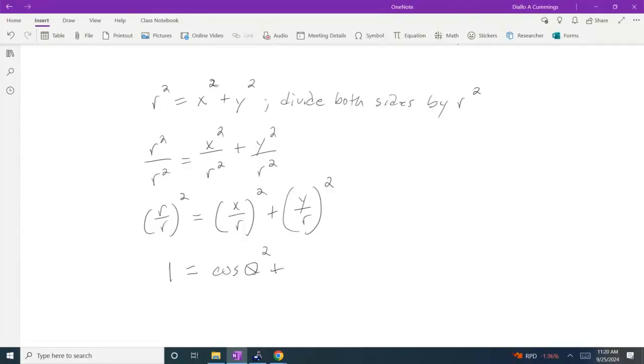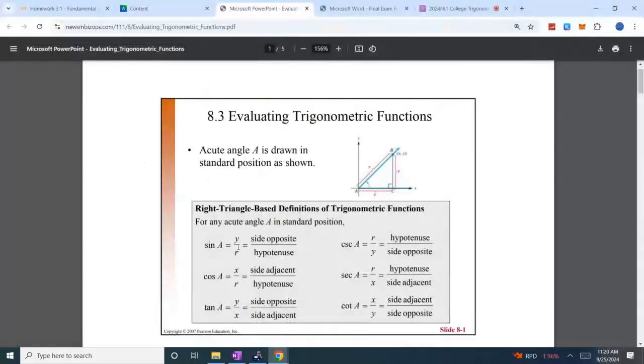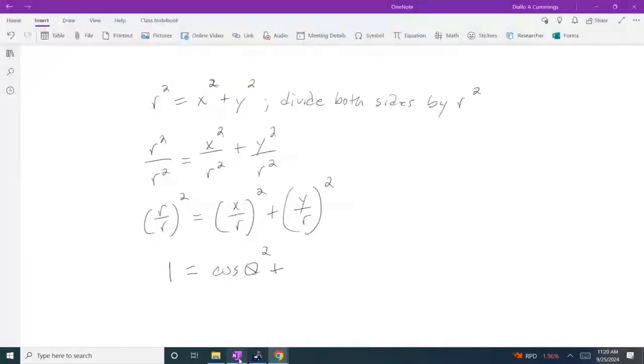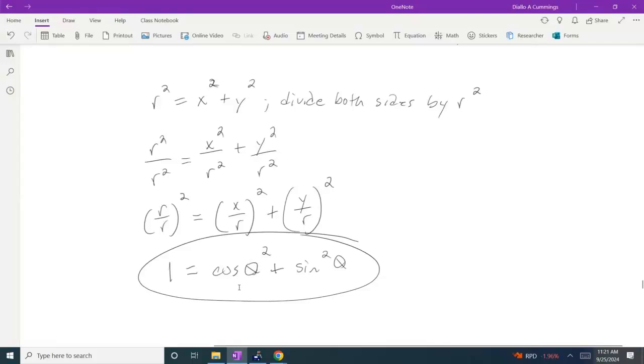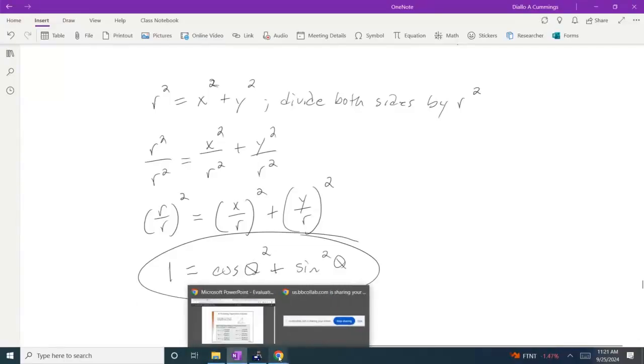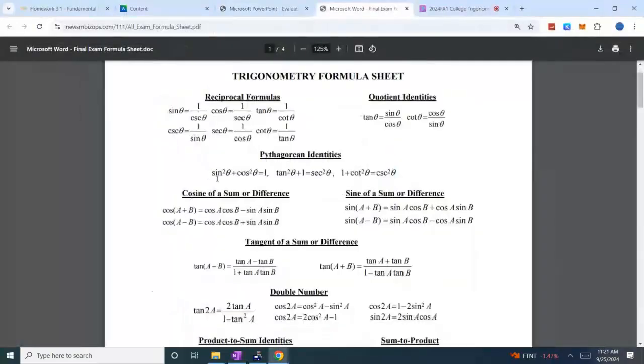I'm going to bring down my plus. And then y over r, from our relationships, y over r is the sine. So y over r quantity squared is sine squared theta. So that's that first Pythagorean identity. They're just kind of written in a different order, but it says cosine squared theta plus sine squared theta equals 1. All right. So sine squared theta plus cosine squared theta equal to 1. That's where that comes in.